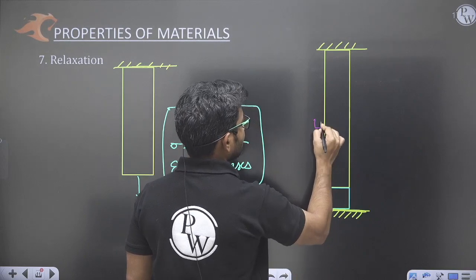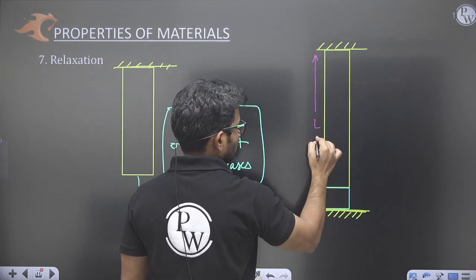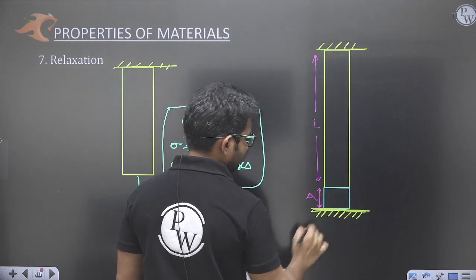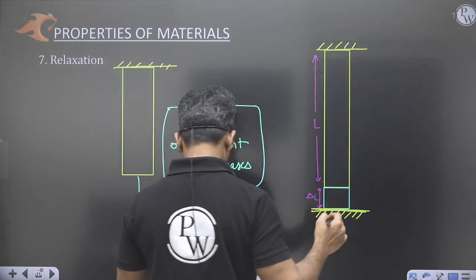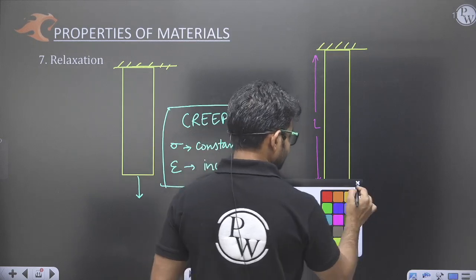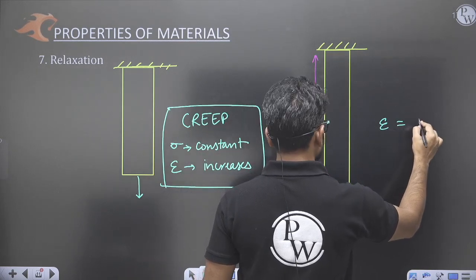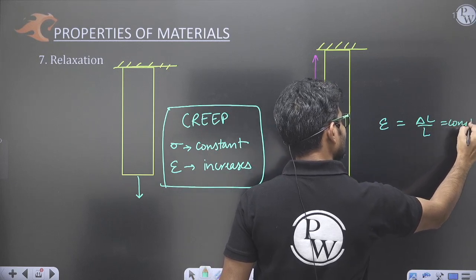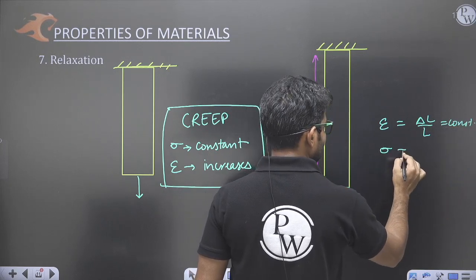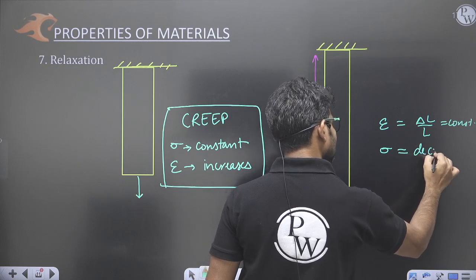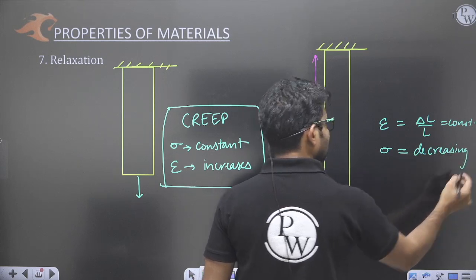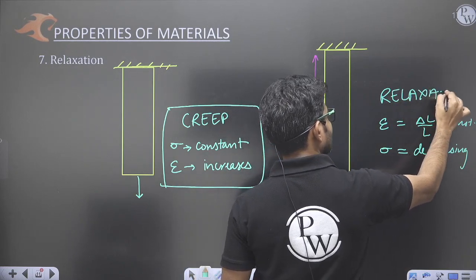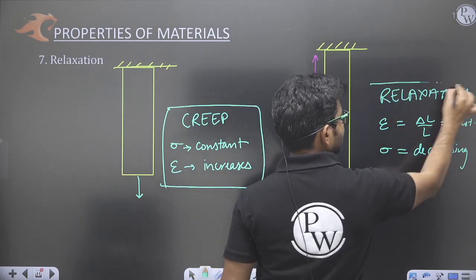This was the original length of the bar, and I have increased the length by delta L. So strain in this case will be delta L by L. That will be constant, and the stress will keep on decreasing. This is relaxation.